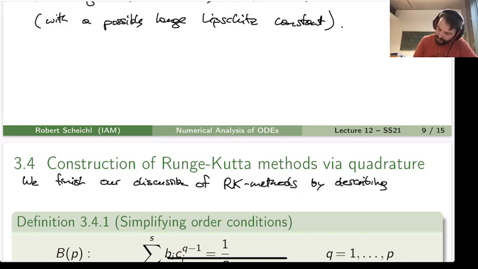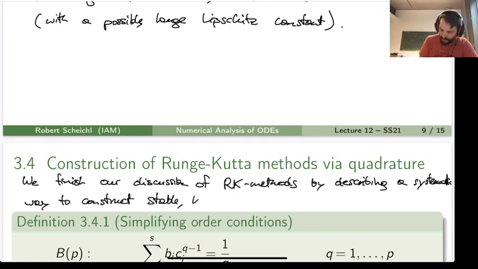So far I've always just dropped some quadrature, some Runge-Kutta methods on you without really telling you how anybody came about finding them. Now we want to have a systematic way to construct stable, high-order Runge-Kutta methods.